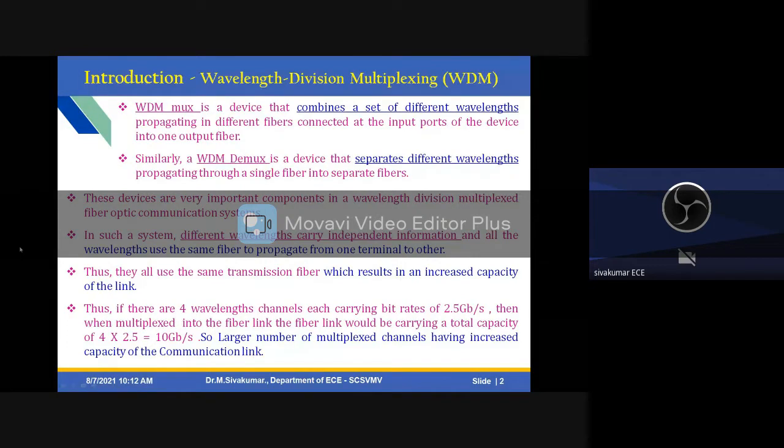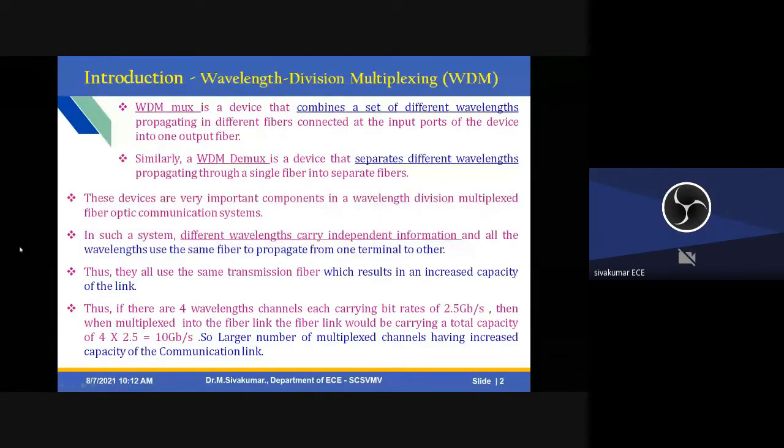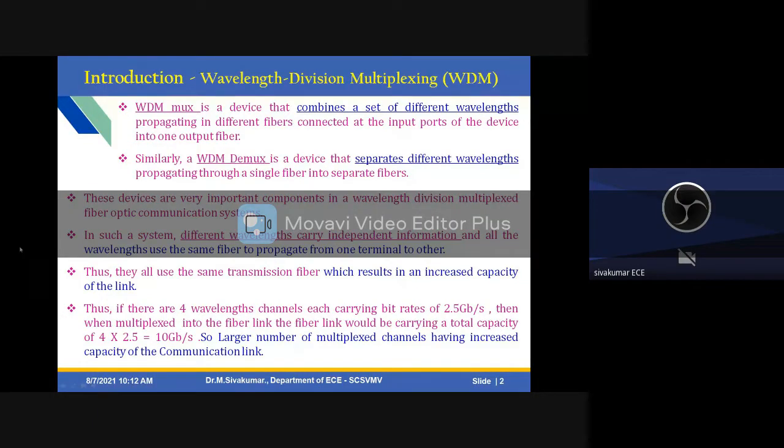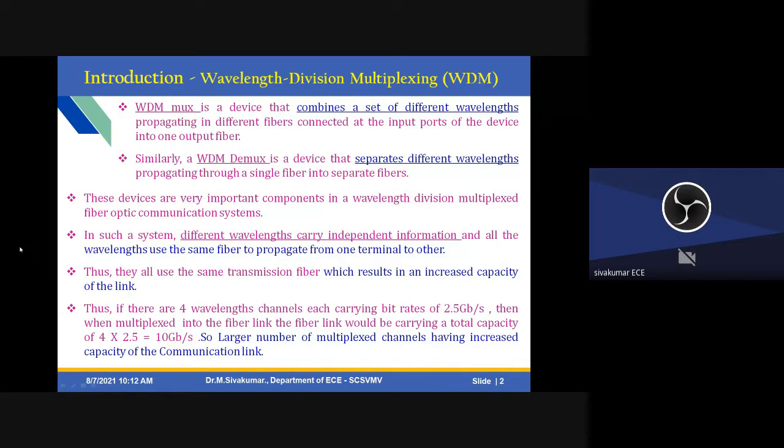It's 10 Gb per second. For example, one wavelength carries a bit rate of 2.5 Gb per second. So four wavelengths propagating through one single fiber optic link, we are getting 10 Gb per second. So a larger number of multiplexed channels gives increased capacity of the communication link. This is the concept of wavelength division multiplexing in fiber optic communication systems.